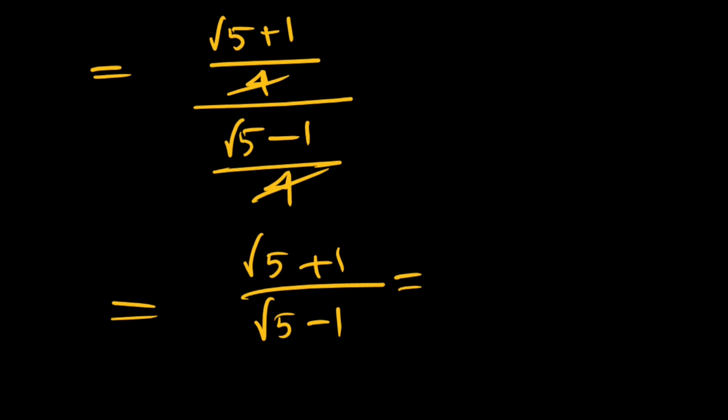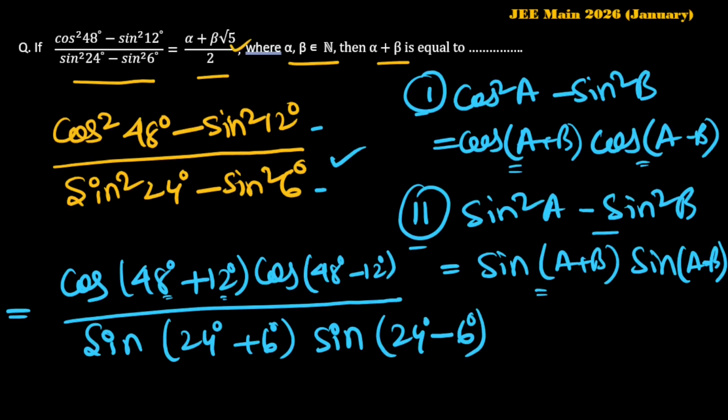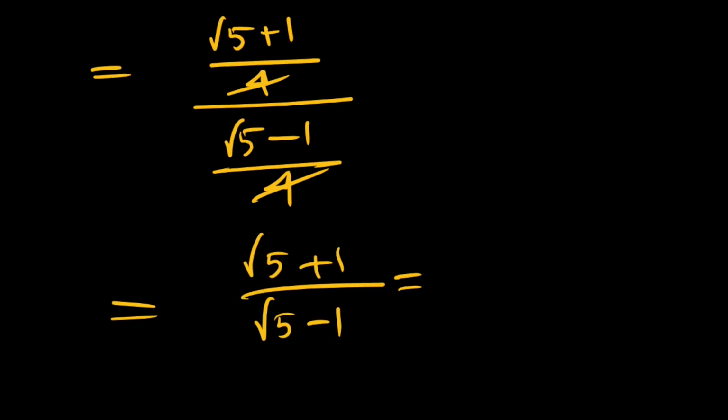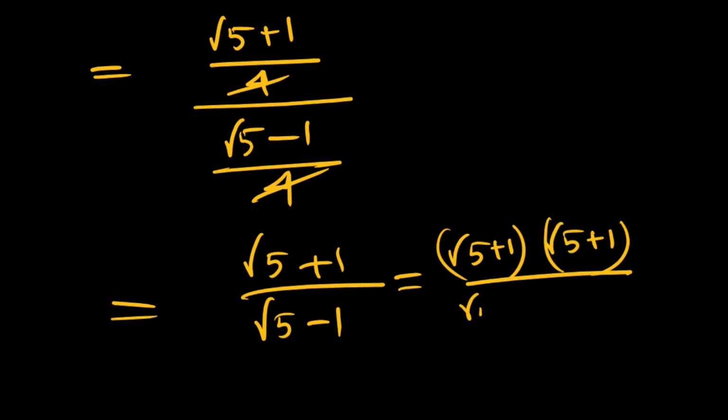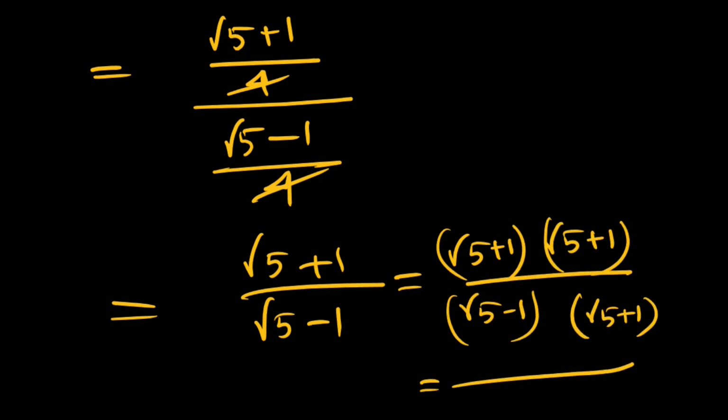Now we calculate this in this form. It is given that this function is equal to alpha plus beta root under 5 over 2. So we want to make this term of this form. If we multiply by root under 5 plus 1 in this way, then this is a plus b into a minus b, that is 5 minus 1, root 5 square is 5, 1 square is 1. So that is root 5 plus 1 whole square.